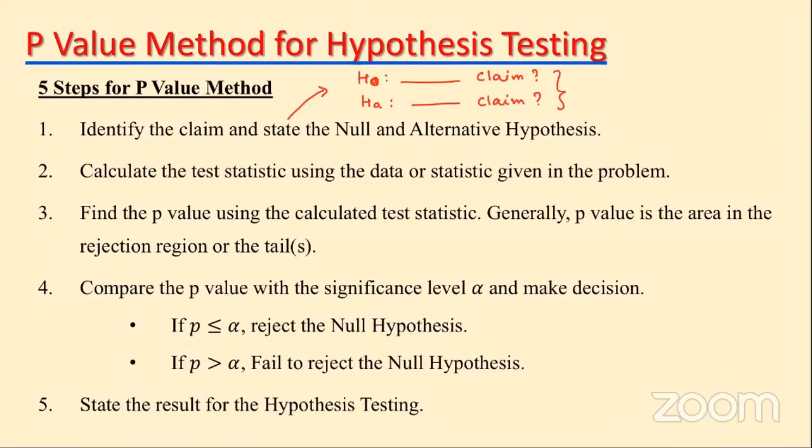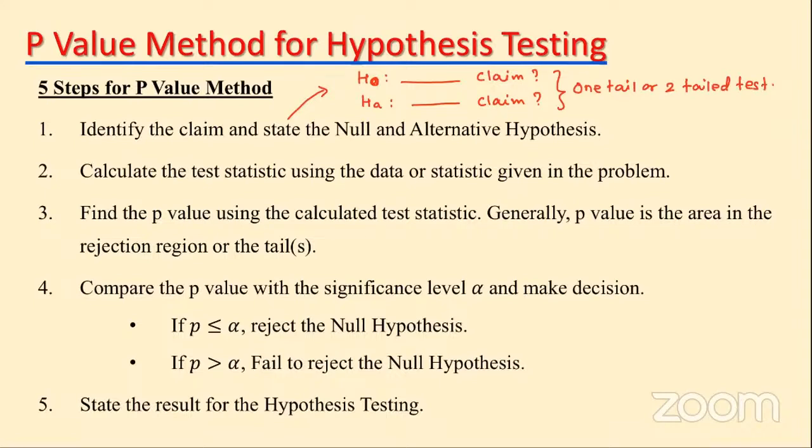And then, based on the alternative hypothesis, you have to decide whether it is a one tail test or a two tail test.